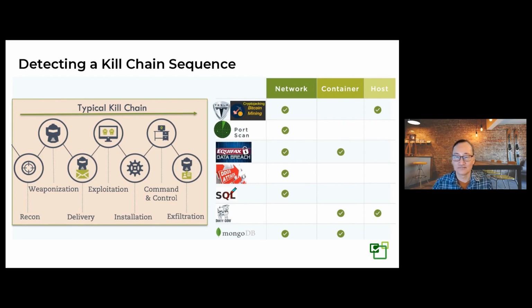So, all of these examples that we can see here are examples of real exploits where we or you could have detected these exploits from various points in the kill chain.